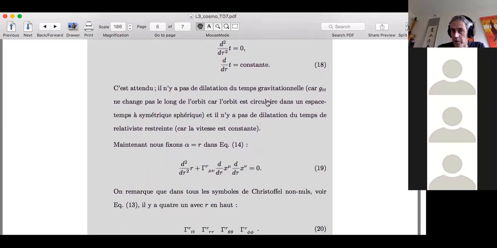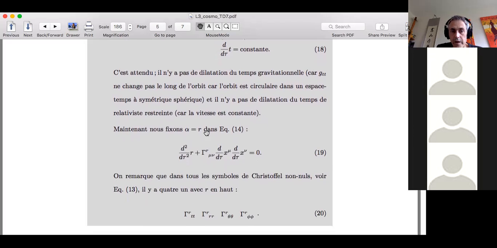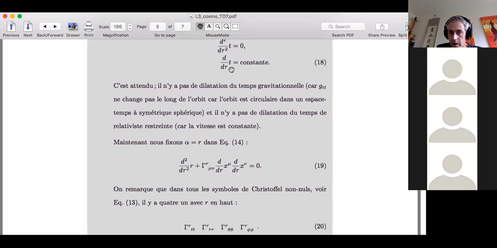So there's time dilation and it's related to gravitation here, just like we saw in the experiments the Italians did in the Alps. Okay, so we found one geodesic equation which just simply says dt d tau is constant. Let's move on to the next one.